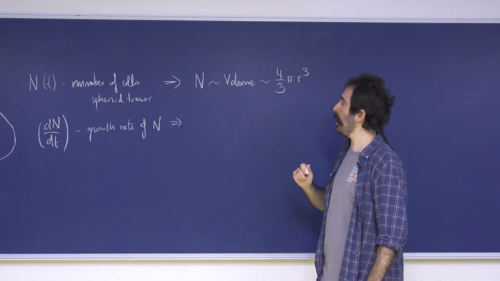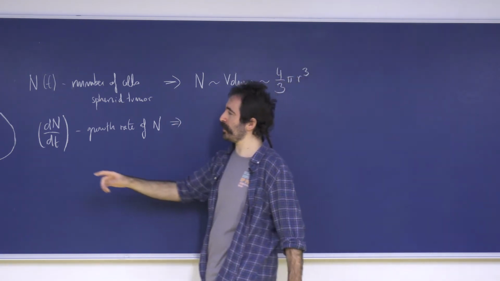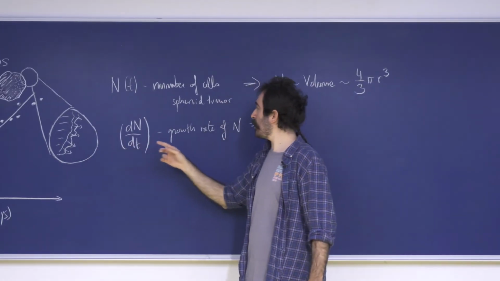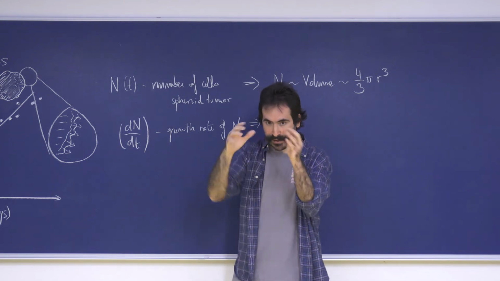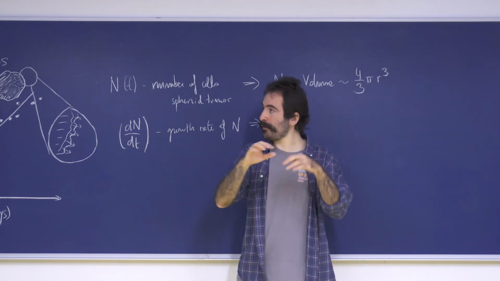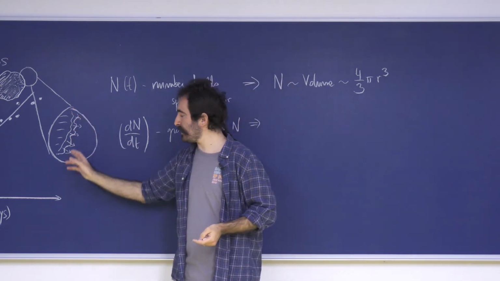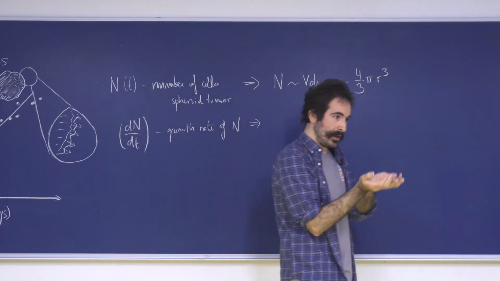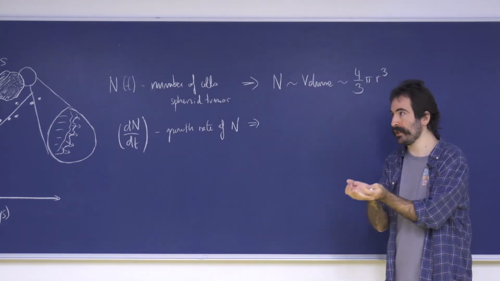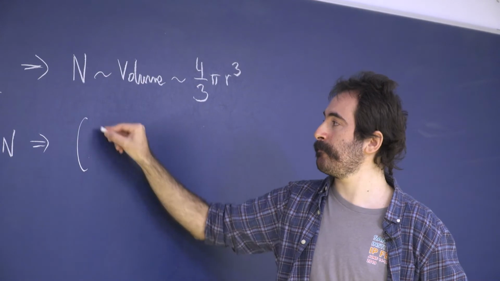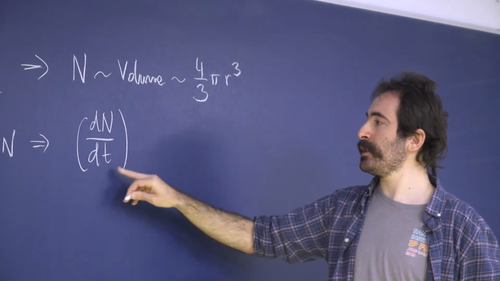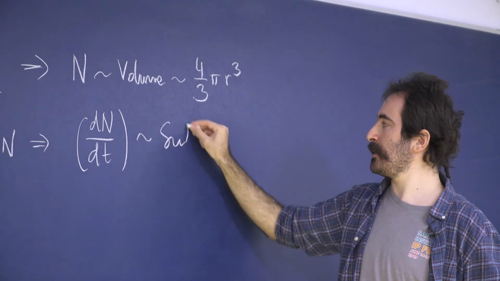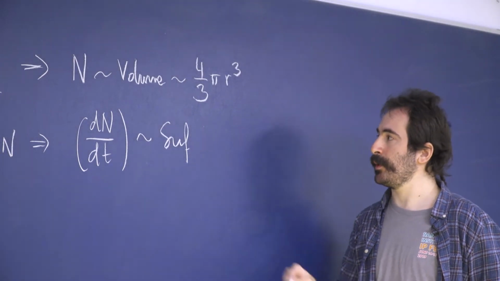And on the other hand, just as we argued over here, we are going to have something on the growth rate that has to scale with the surface of this tumor, right? Instead of with the volume, because only the cells that are sitting on the surface can grow, then all the growth rate is going to be due precisely to these cells. In other words, this has to scale with the surface of this spheroid tumor.